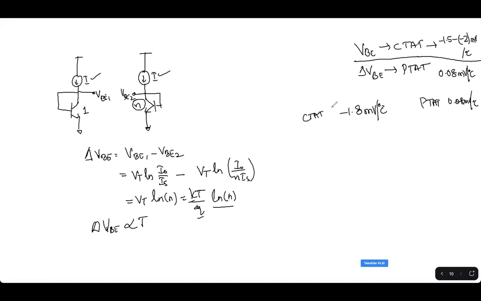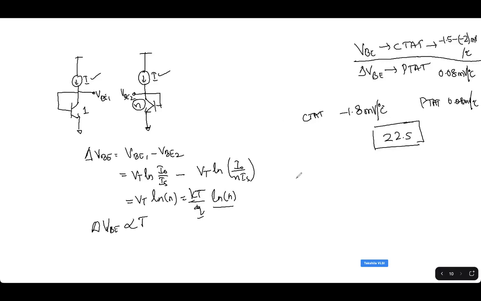What's the difference between the CTAT and PTAT? There is a particular ratio that we're talking about, 1.8 millivolts divided by 0.08, approximately 22.5. For typical calculations, you can look at the textbooks.